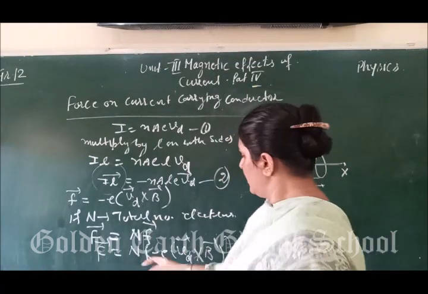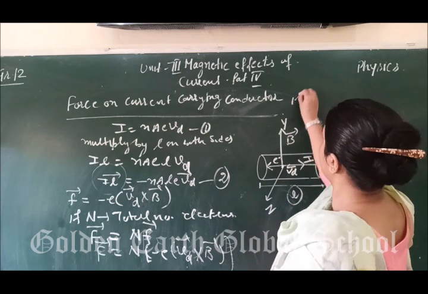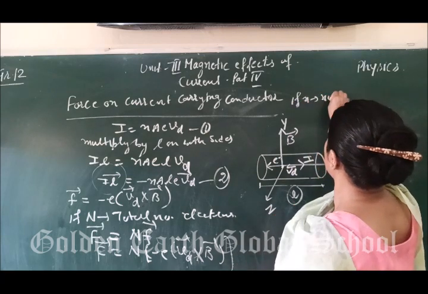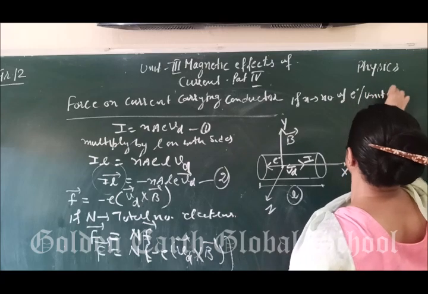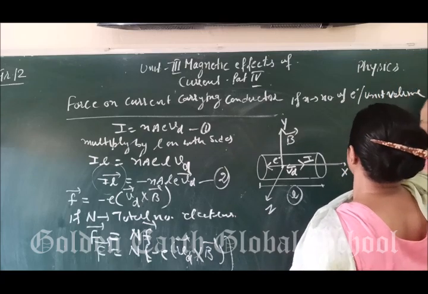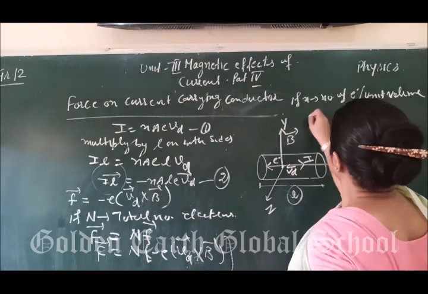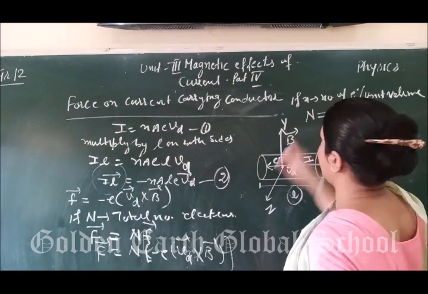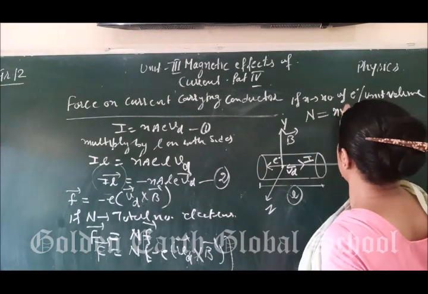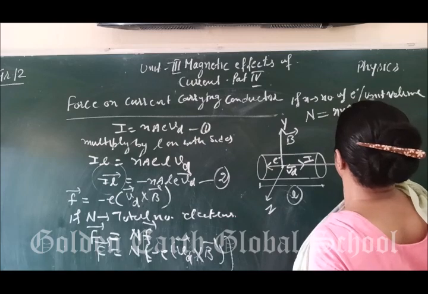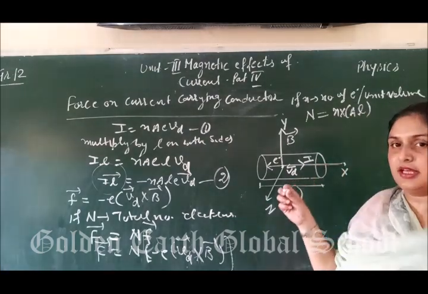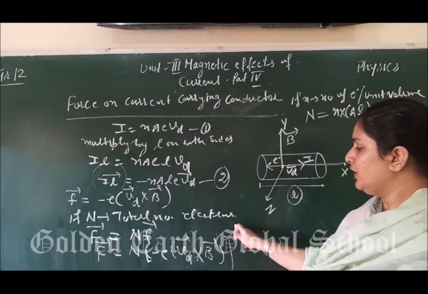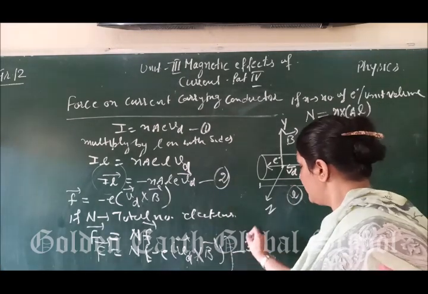Now if small n is the number of electrons per unit volume, then capital N can be written as small n into the total volume, that is A into L, where A is the area of cross section and L is the length of the conductor. Put the value of N here, name it equation number 3.